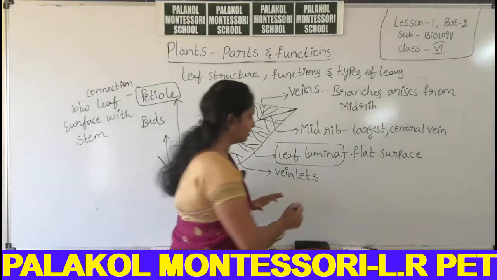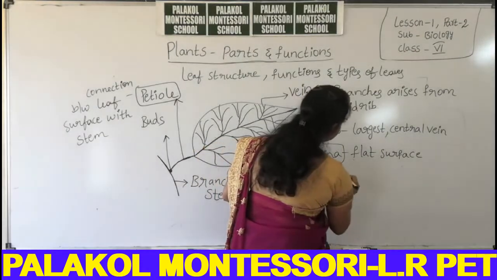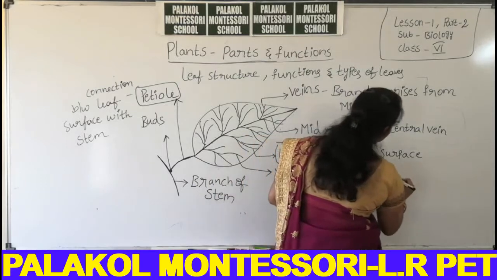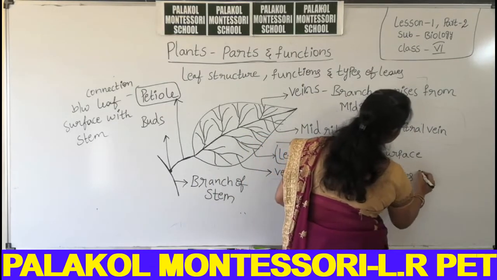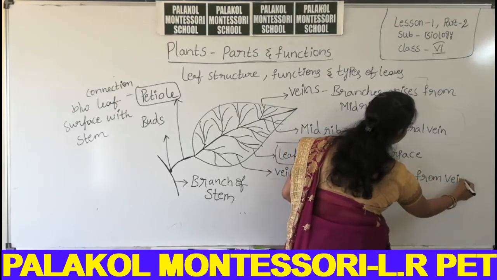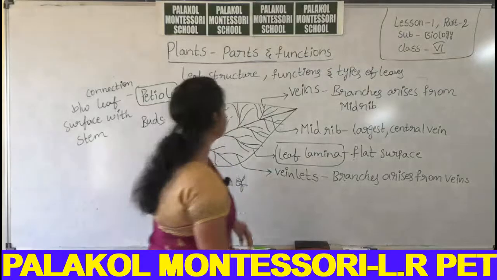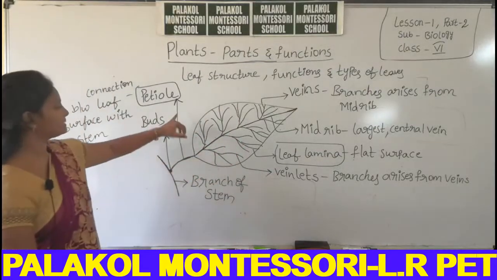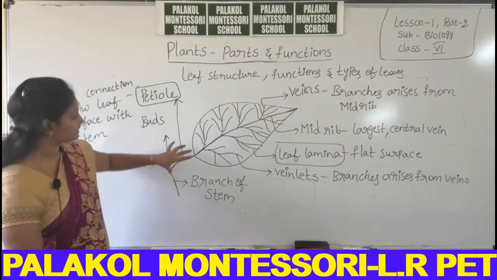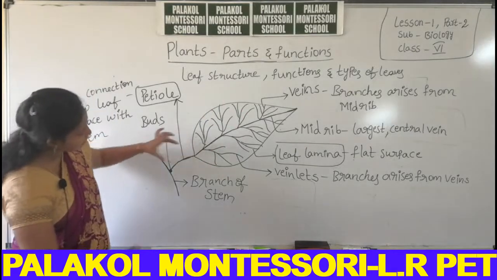Veinlets are the branches that arise from veins. This is about the structure of the leaf. The petiole is the connection between the leaf lamina and the branch of stem. This connection is called the petiole.